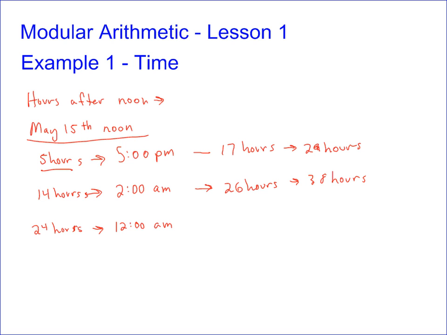So another way to think about this is columns and numbers. That was done on a system of 12. Well, we could do a system of like 7, let's say. And we could start with 0. That was our noon. And then go 1, 2, 3, 4, 5, 6. If you notice, there are 7 numbers there.